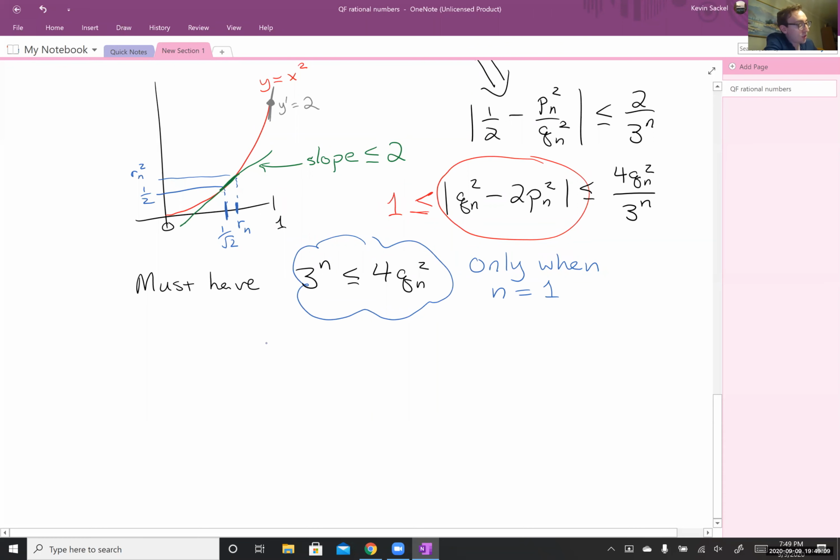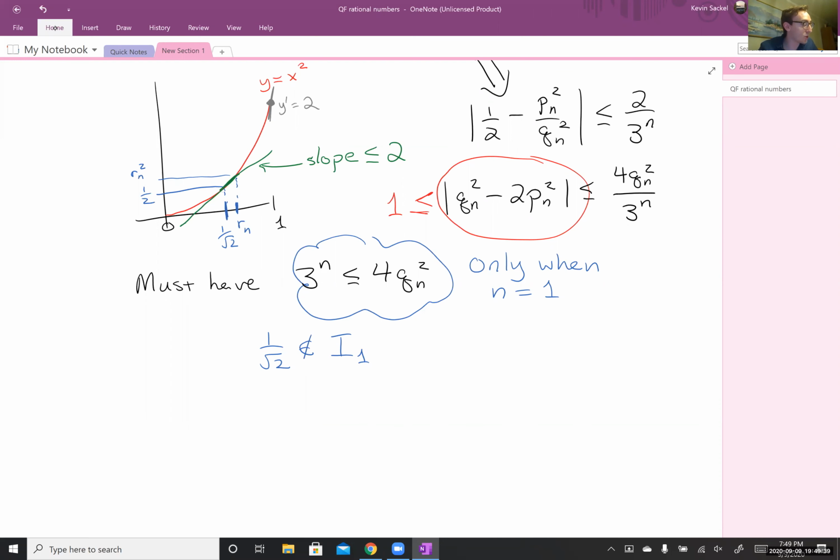But now you can just check that 1 over square root of 2 is not in I1. So in other words, we supposed that 1 over square root of 2 was in In, and we showed that if it's in In, it must be in I1, but it's not in I1.